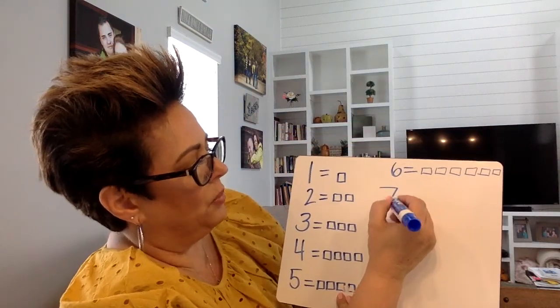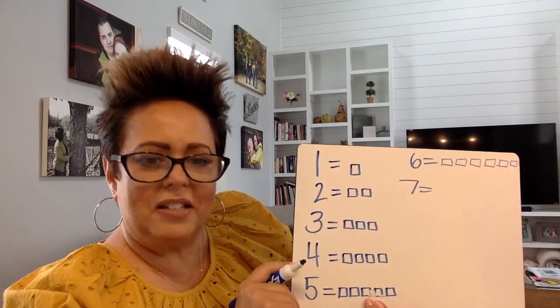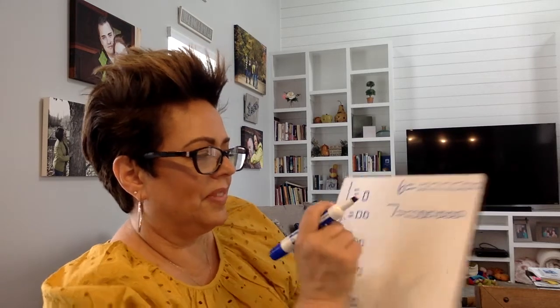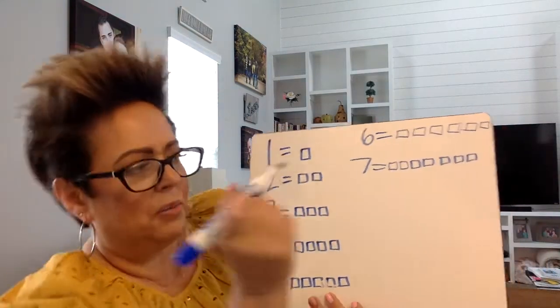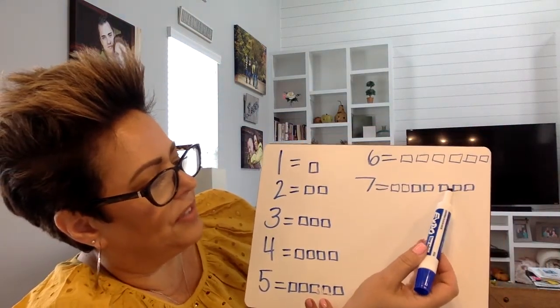Okay, how will we show 7? Show me 7 squares. I'm going to do mine a little bit smaller so they can be on the same row. Okay, there is 7. I'm going to double check just to make sure. 1, 2, 3, 4, 5, 6, 7.